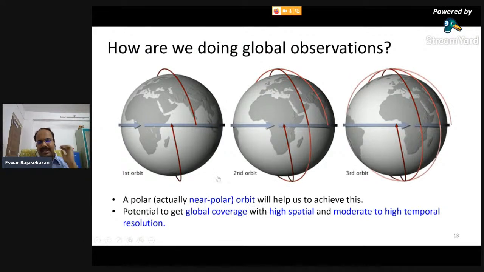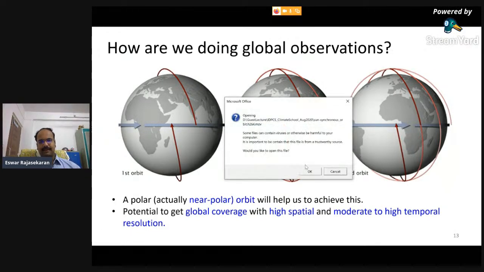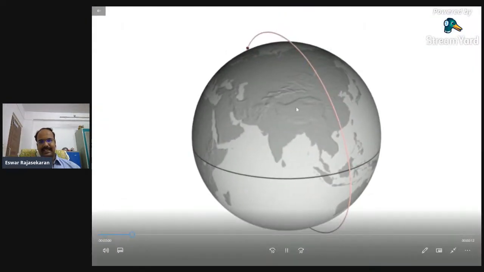Okay, so this is an example of regional coverage. We saw only one particular region, but what if you want to see the entire globe? There is another orbit called the polar orbit, from where we will be able to see the entire Earth. So this is an example of it.